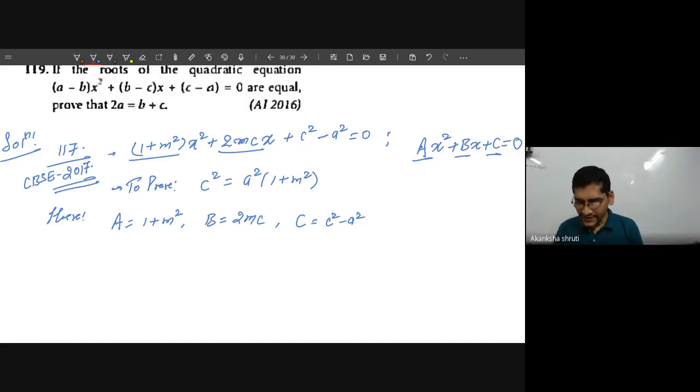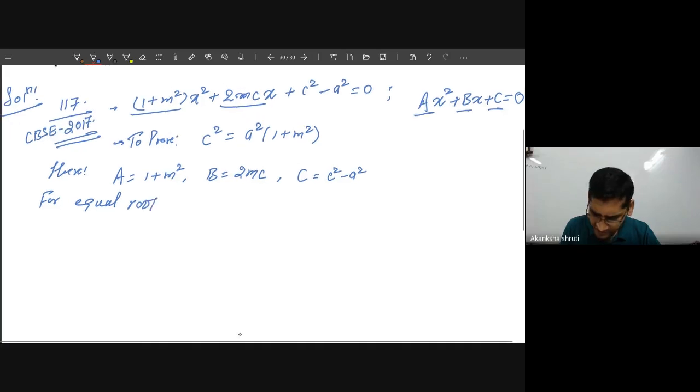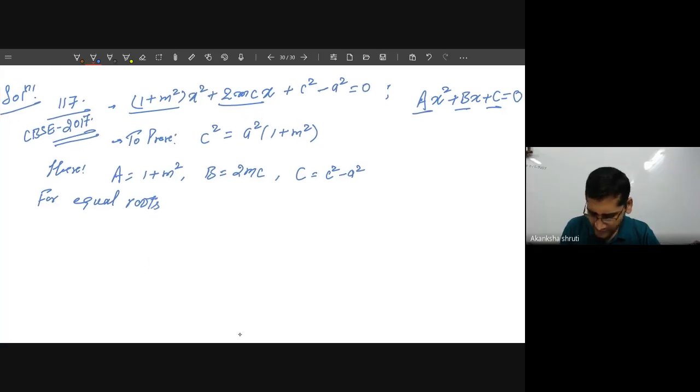So to avoid that confusion, we are denoting this in terms of capital ABC. Then we have to write, for equal roots, what is required? B square minus 4AC has to be equated to 0.